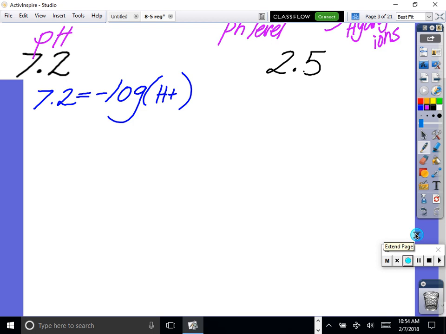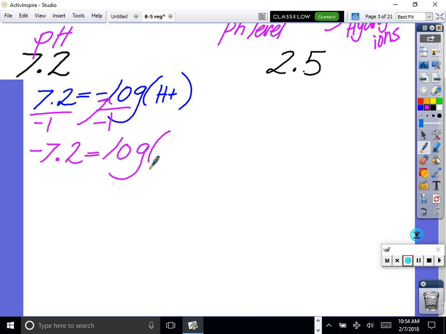What would we do first? Well, first of all, we need to get rid of the negative, so divide both sides by -1. So we have negative 7.2 equals log of H+. Then you say to yourself, I'm trying to get H+ alone, because that's the concentration of hydrogen ions. Base 10 both sides. I want you all to type into your calculator, because something interesting happens.